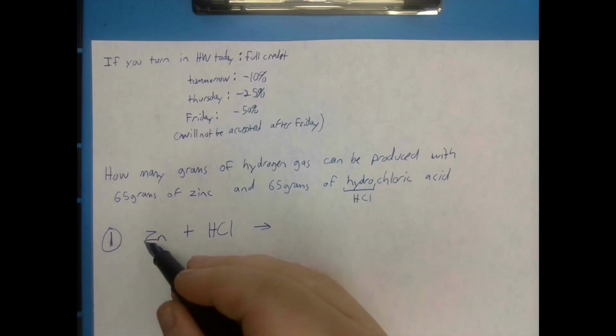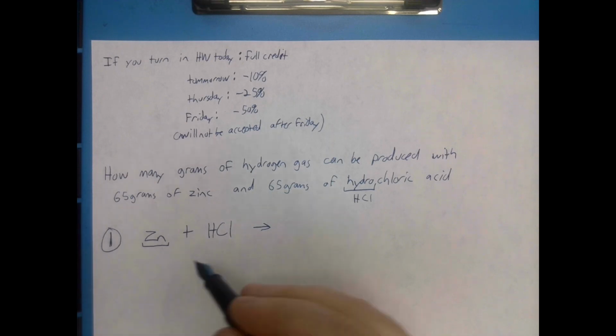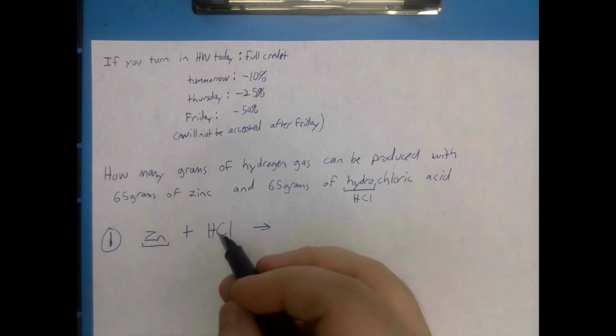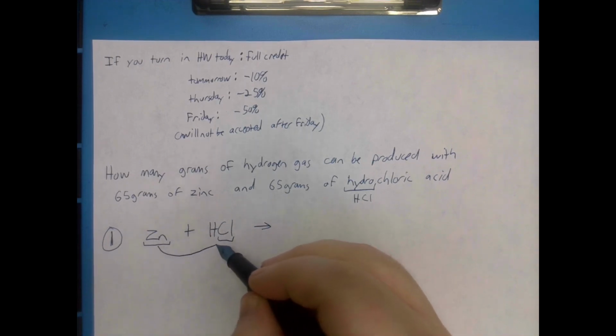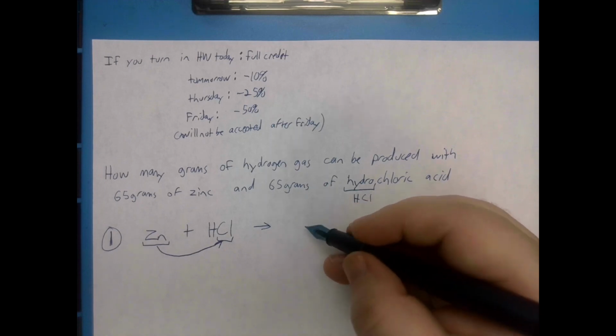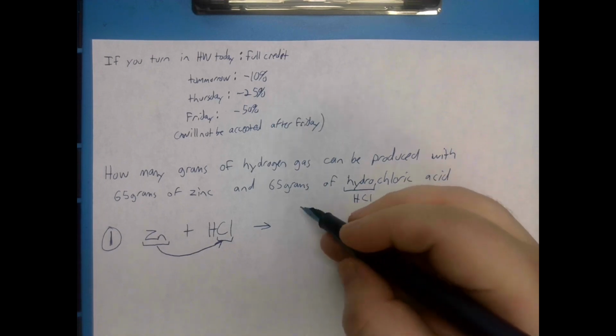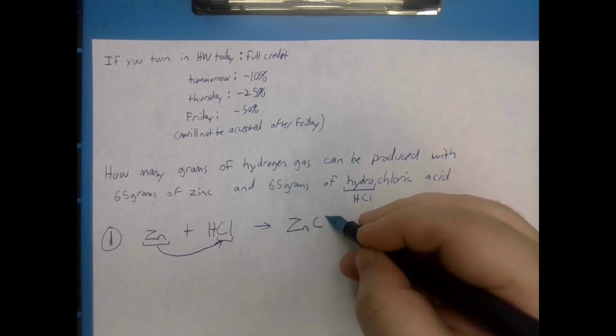So zinc is a metal, so it's going to be our cation. And during single replacement, we only have two things coming together. This is the anion, so the zinc is going to merge with the chlorine. This becomes zinc chloride.